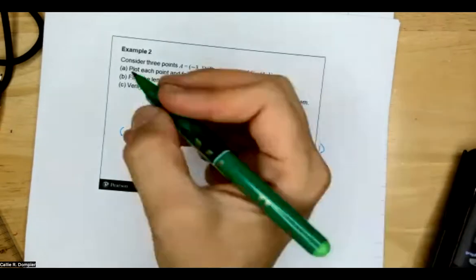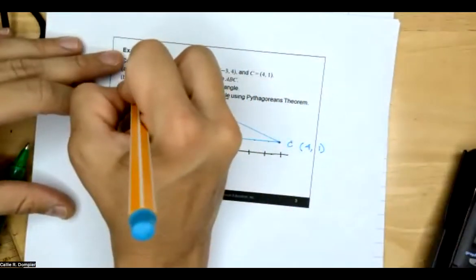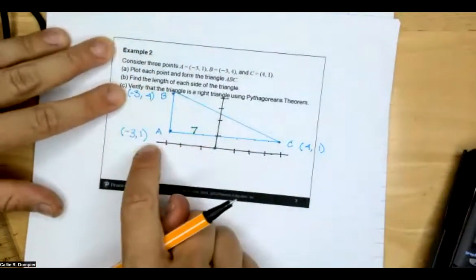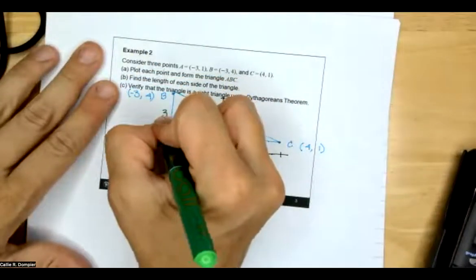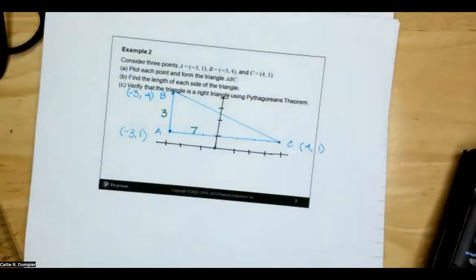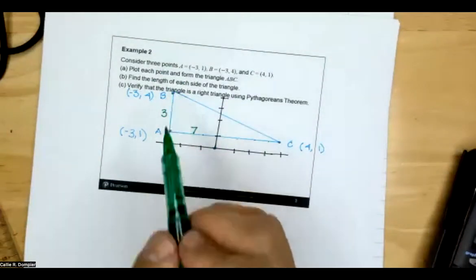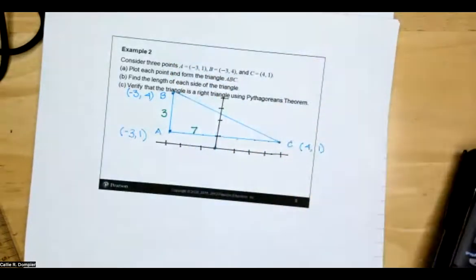Up here, B was (-3, 4). That shows us that they have the same x value. What's the difference in y between 4 and 1? That's just going to be 3, right? So we know that there are 7 units between A and C, and 3 units between A and B. But since line BC is at an angle, it's not a straight line on the x-axis or the y-axis.